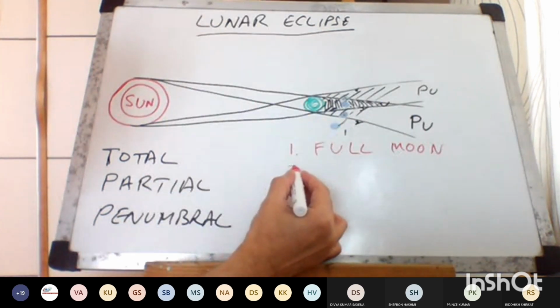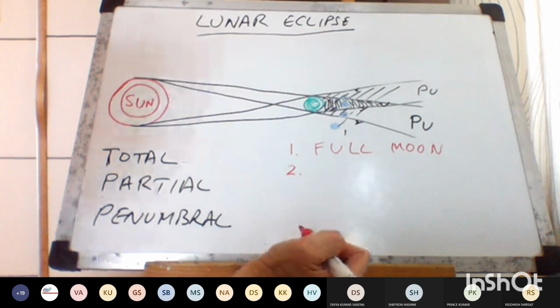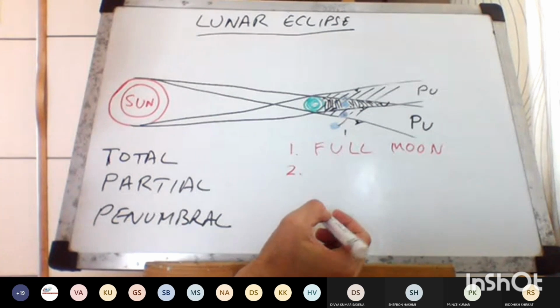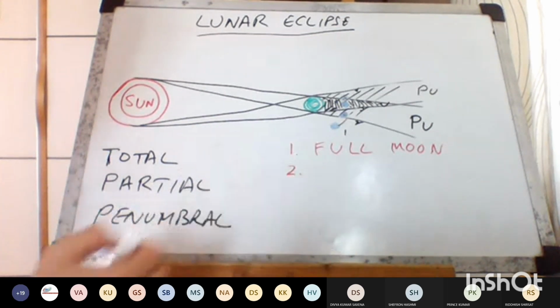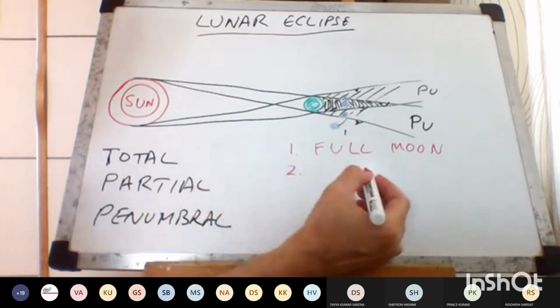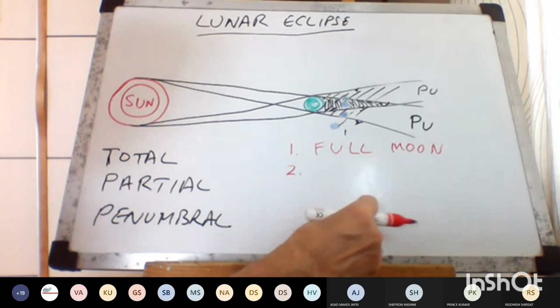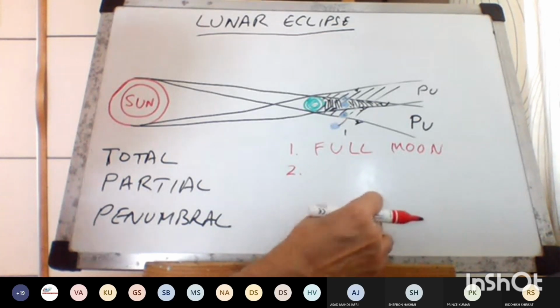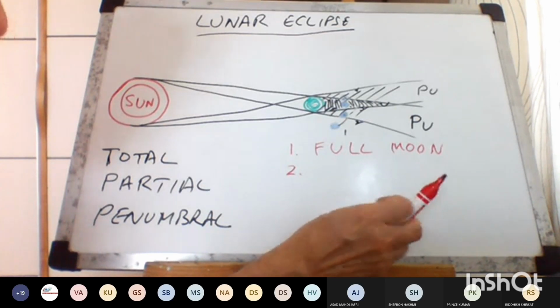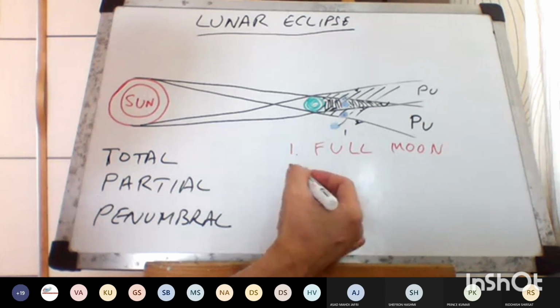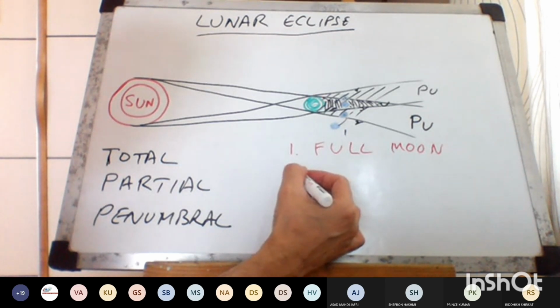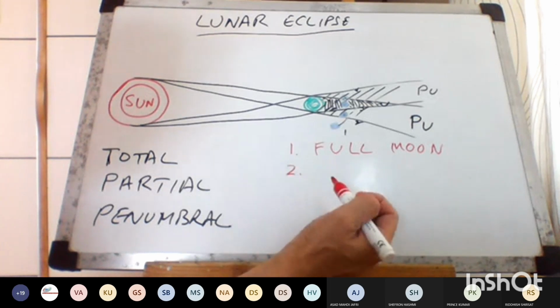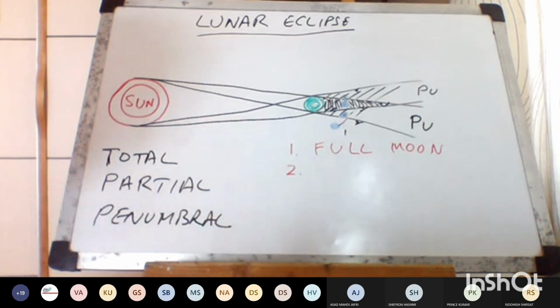Correct. Second condition. The declination of the sun and moon should be 0. Declination should be 0. Again, why do you say 0? Sir, should be same. Yeah, because I told you, don't get confused by the diagram because the node was at the equinoctial.